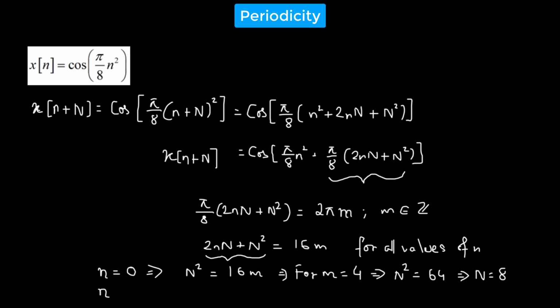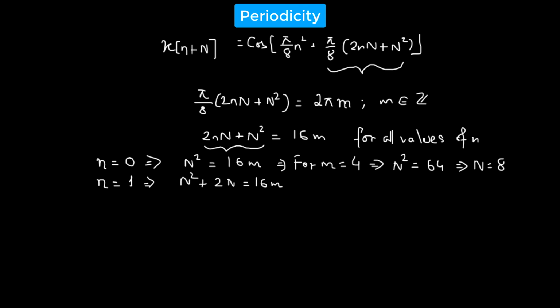We can even check for a different value of n. So let's take n equals 1. That gives us N squared plus 2N equals 16m. Now for the value of m, this particular value is going to be valid. So let us consider the smallest value of m equal to 5.